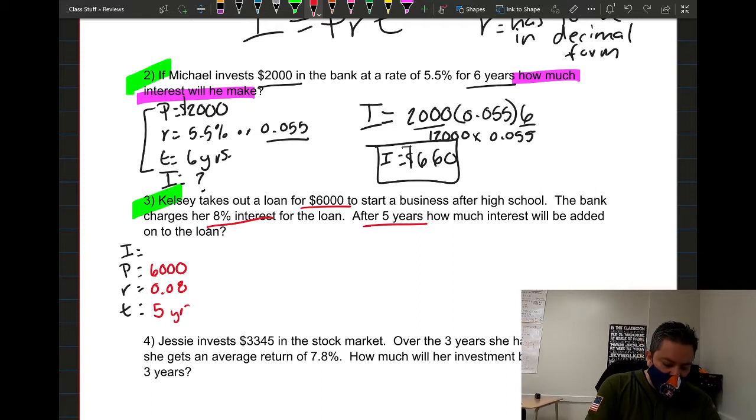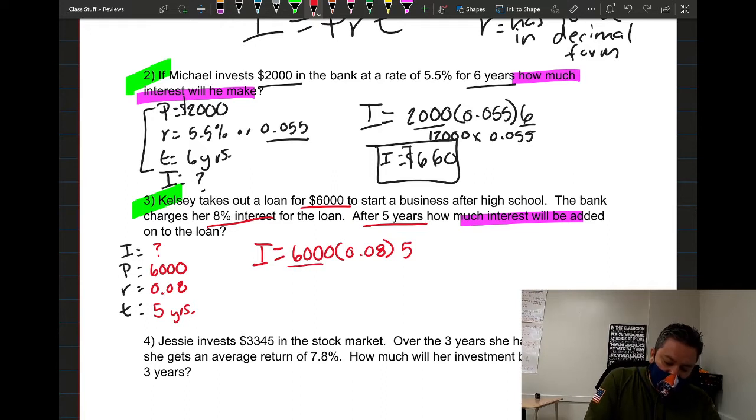5 years. Remember, the time has to be in years. If it's not, you've got to convert it to a fraction of years. It says, how much interest? That's my question. I don't know, so this is what I'm looking for. I. So again, I equals P. I'm going to use 6,000. The rate, 0.08. And the time is 5.